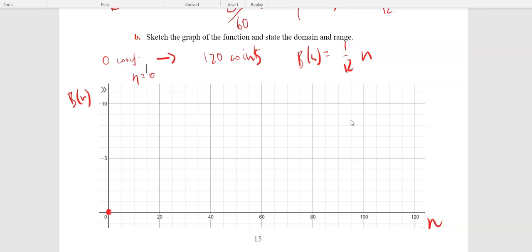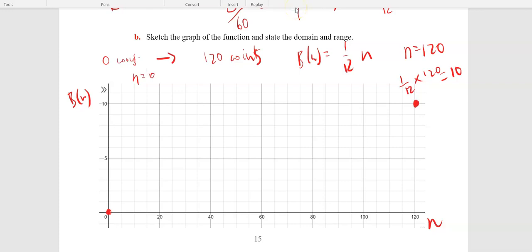Now, can it be 0? We'll work that out in a moment. The next point is 120 coins. When N is equal to 120, we get 1 over 12 times 120, which is equal to 10. So when N equals 120, you get 10.